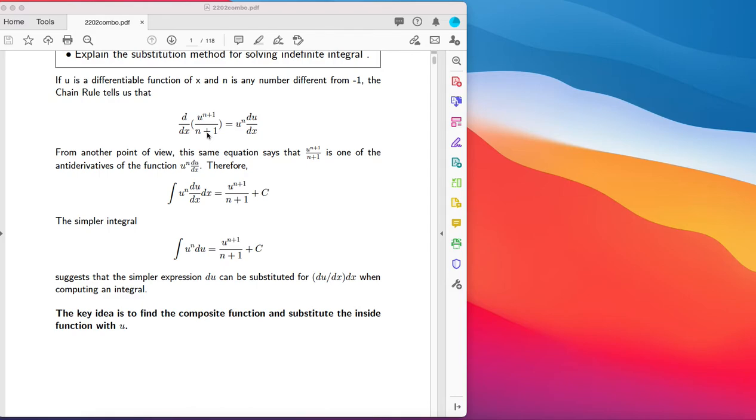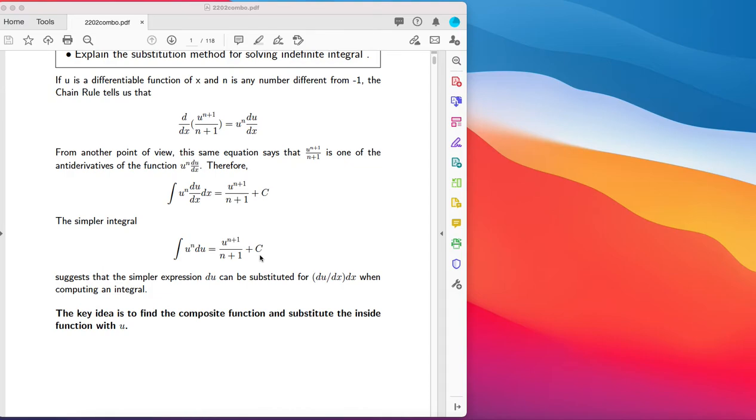Falling back, we see that the integral of u to the power of n times du/dx dx equals u to the power n plus 1 over n plus 1 plus c. If we simplify this, you will see that the integral of u to the power n du equals u to the power n plus 1 over n plus 1 plus c.